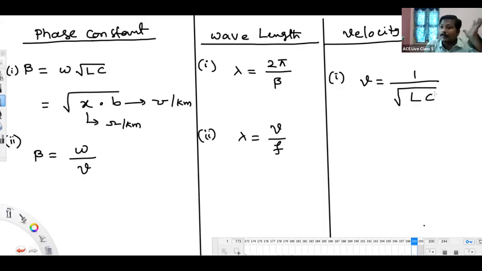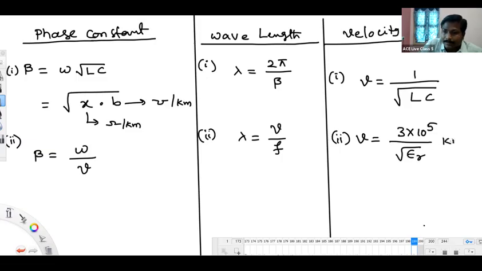If it is not possible to calculate velocity using this L and C, if they have not given L and C in the question, then you go with the formula for velocity like 3 into 10 power 5 by root epsilon r in terms of kilometer by second. This is another way of writing it.